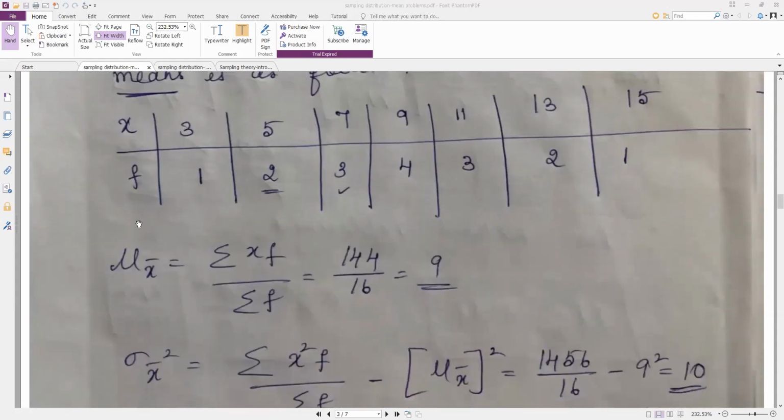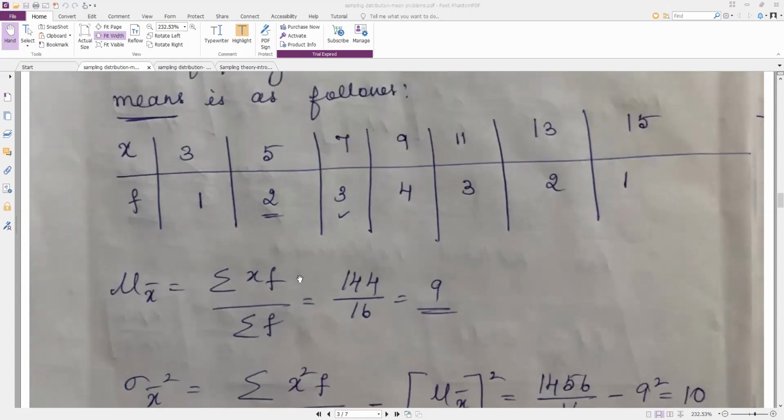Now we need to find the mean of the sample means. How to calculate it? Summation of X into F divided by summation of F. So X into F: 3 into 1 plus 5 into 2, 7 into 3, 9 into 4, like that you make it, because it is a frequency distribution.